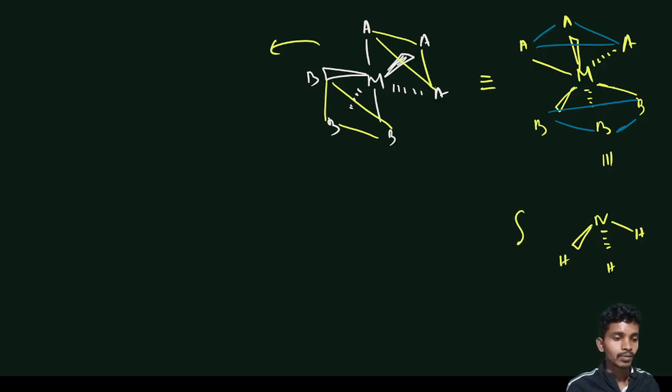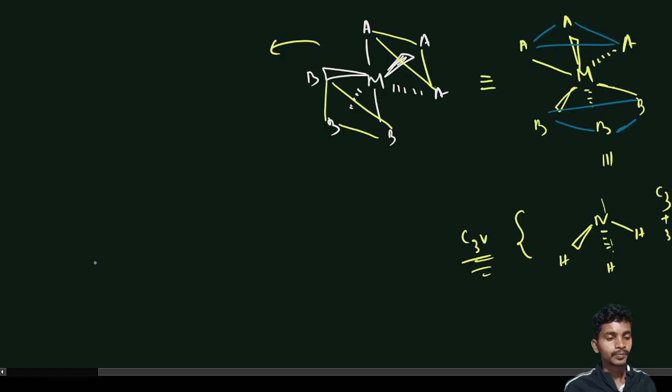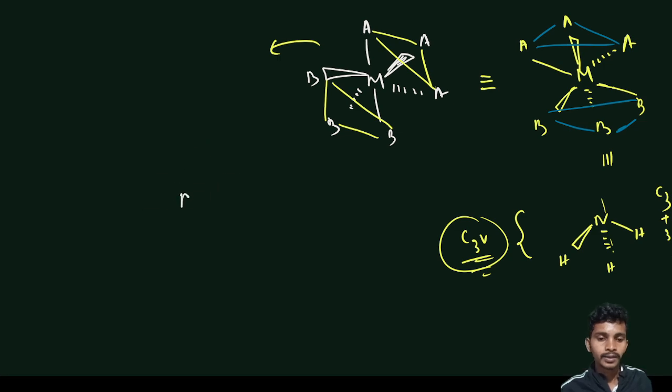So this is equal to the C3v point group, like here C3 is there, passing through this, and 3 sigma v is there, so that is the C3v point group. So this is the C3v point group. So you can say it is partial ammonia.